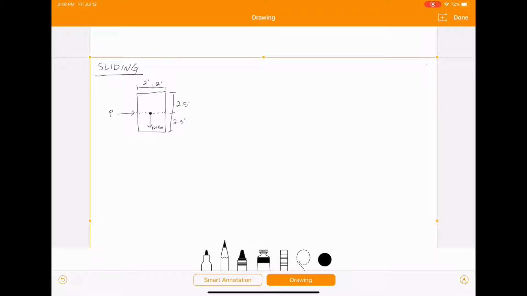And now for sliding, we're going to apply our normal force, which is going to act through the center of gravity for sliding, and then our friction force, which acts along the bottom of the box, again, opposite of the direction of movement. So if we're pushing on the box to the right, friction is going to be pushing back against it to try to stop it from moving. So again, our friction force is acting that way.